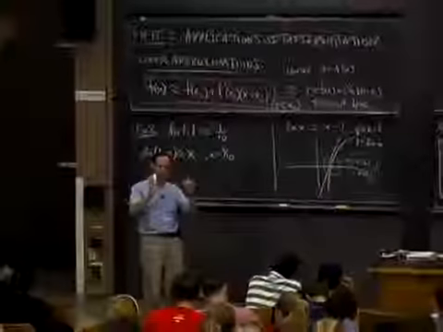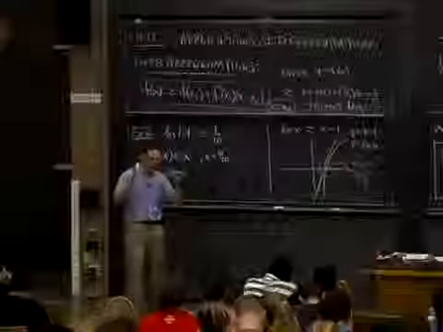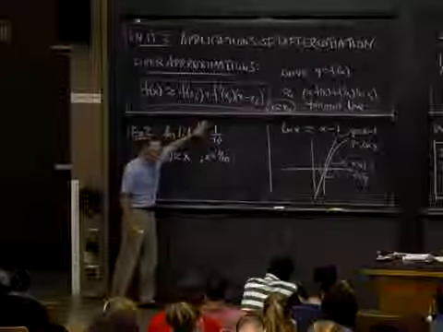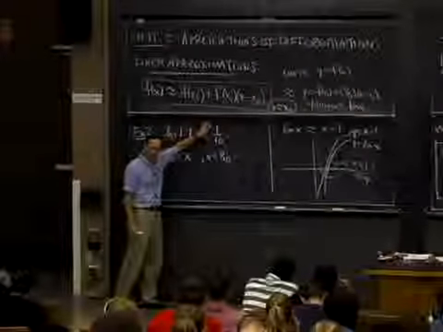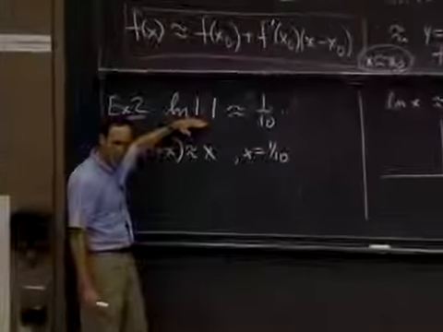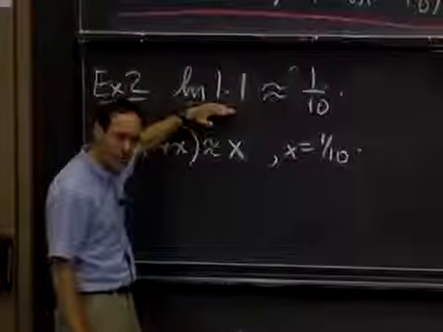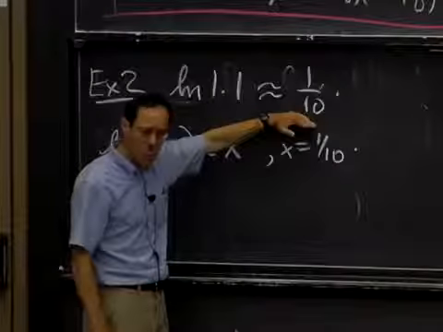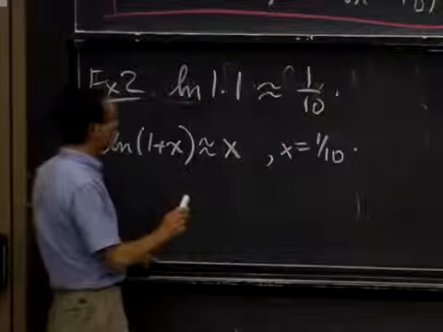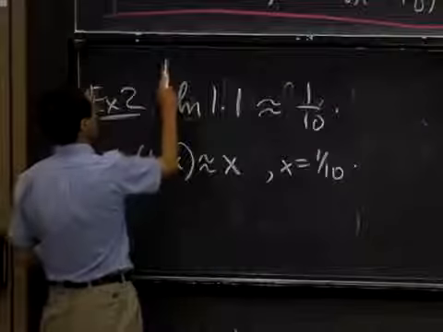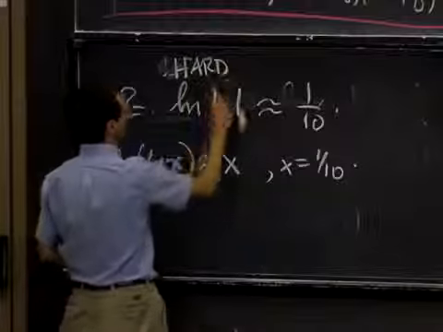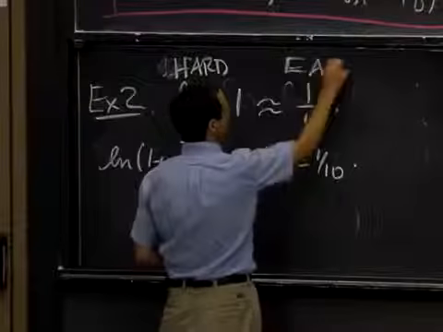Now, the first question that I want to ask you is, which do you think is a more complicated thing? The left-hand side or the right-hand side? I claim that this is a more complicated thing. You'd have to go to a calculator to punch out and figure out what this thing is. This is easy. You know what a tenth is. So this is hard, and this is easy.